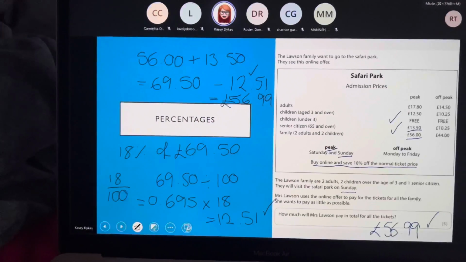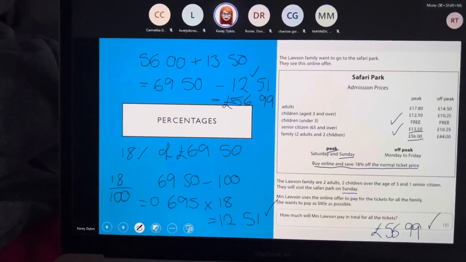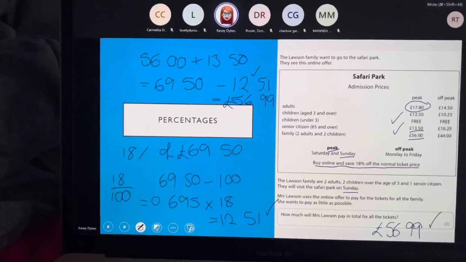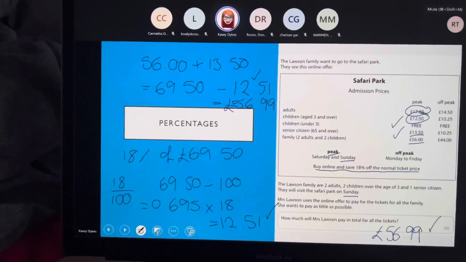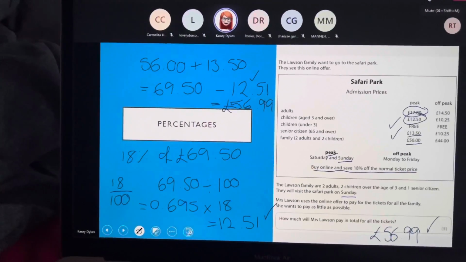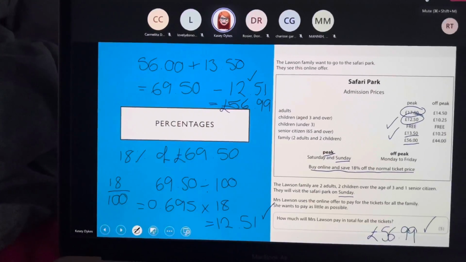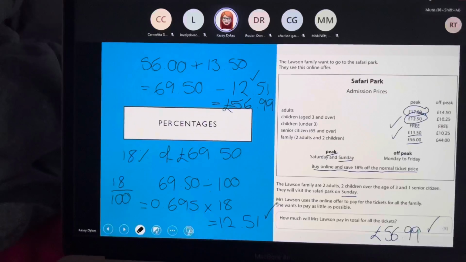Some people have done 2 adults added together twice, and 2 children and then the senior citizen. You can still get 1 mark for that, 1 mark for your 18% and 1 mark for your discount. So you can still get 3 marks if you chose the wrong values in your table.